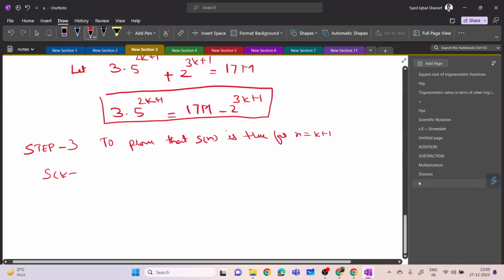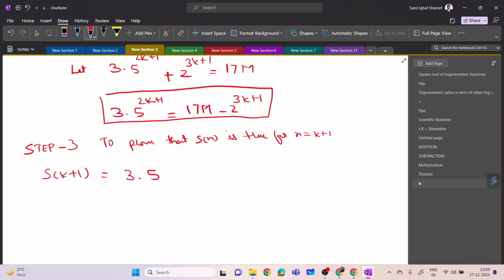S of k plus 1 equals 3 into 5 to the power of 2 into k plus 1 plus 1, plus 2 to the power of 3 into k plus 1 plus 1.